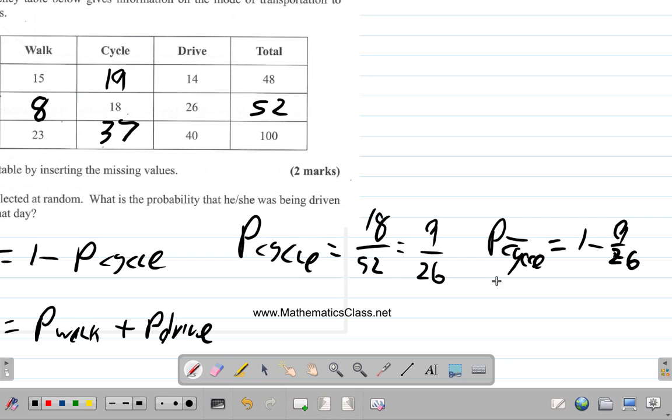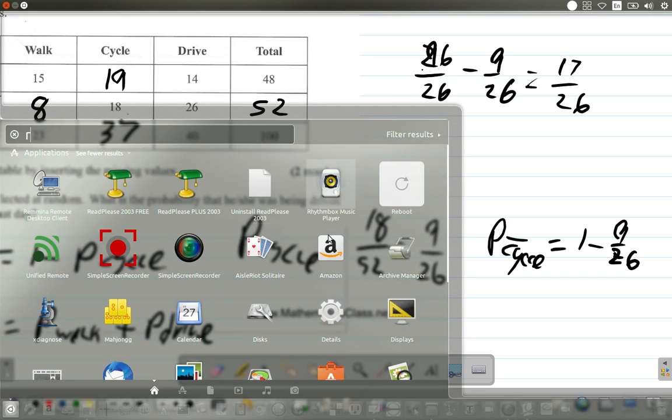1 minus 9 over 26 is the same as 26 over 26 minus 9 over 26. 26 minus 9, how much? 26 minus 6 is 20, and then 3 more, 17. Would that be 17 over 26? Same thing that I get, just to check.